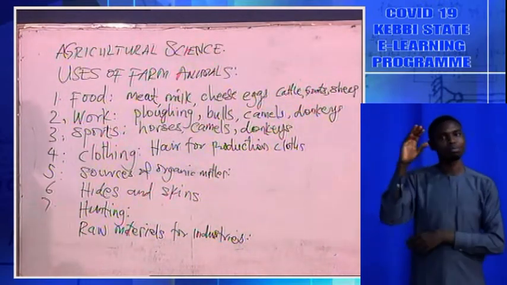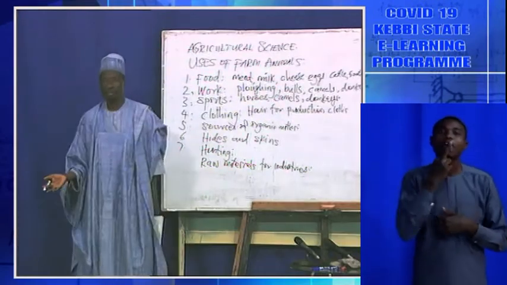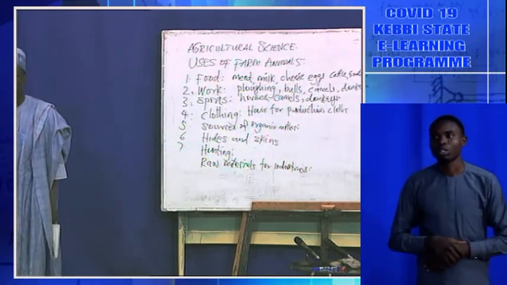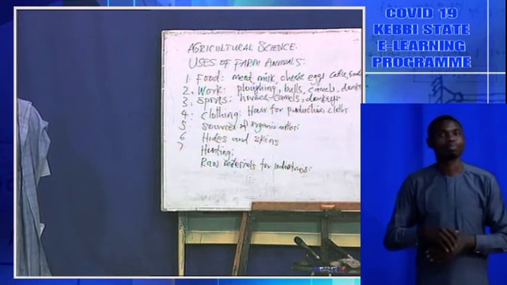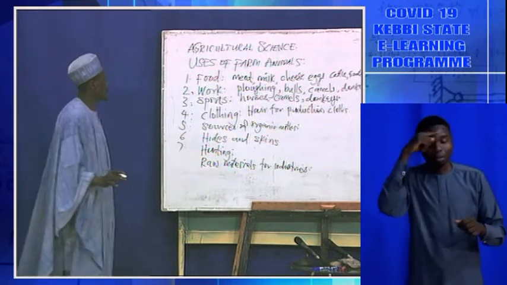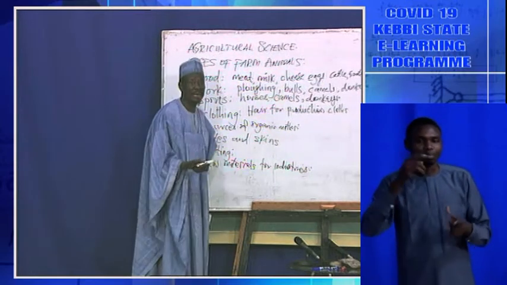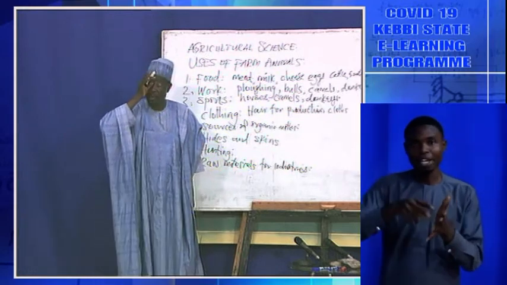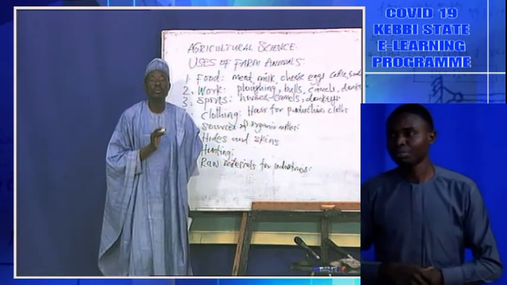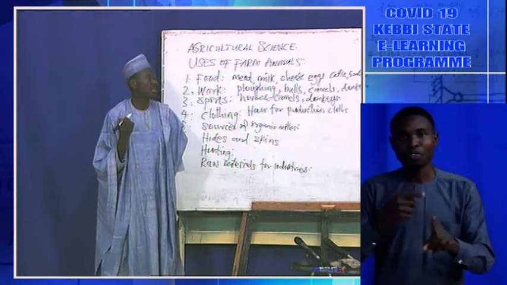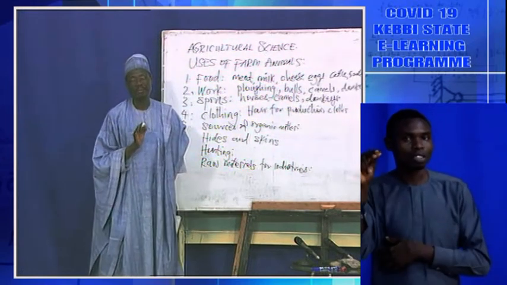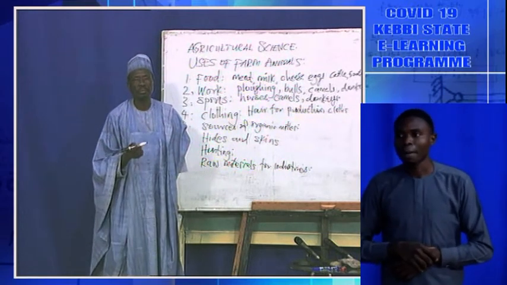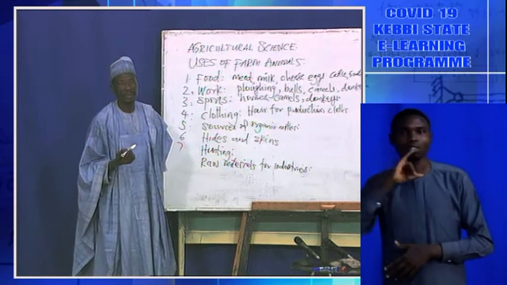Then, source of organic matter, we all know. Sheep, poultry, goats, all their droppings are used for organic matter, for spreading on the farm, for production of cereal crops, especially rice, guinea corn, maize, wheat, and so on, and even legumes, vegetables.